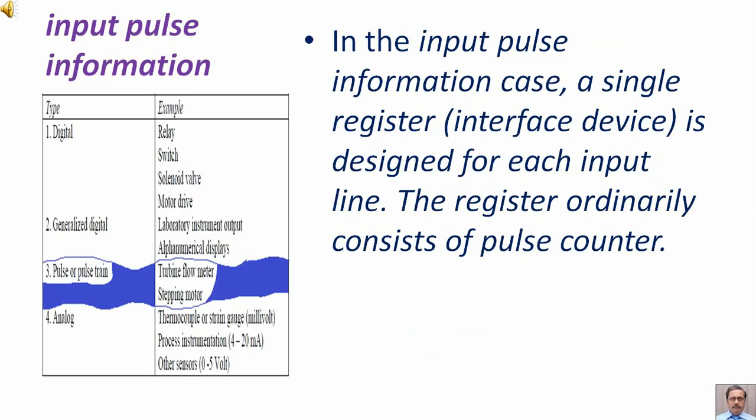Input pulse information. In the input pulse information case, a single register, that is, an interface device, is designed for each input line. The register ordinarily consists of a pulse counter.